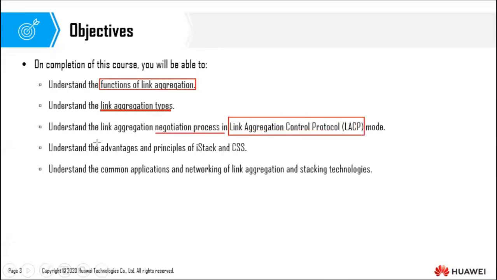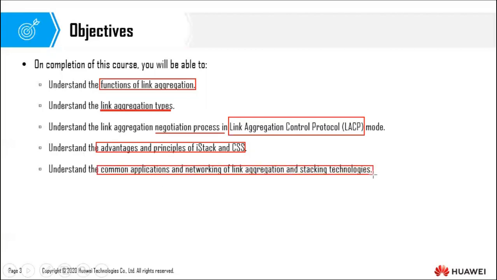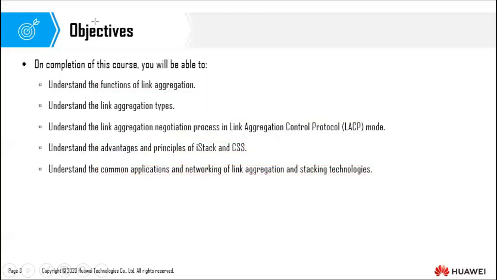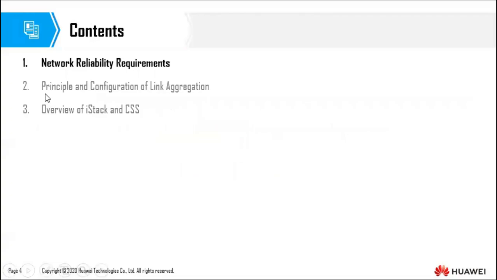The second last is that you'll be able to understand the advantages and principles of iStack and CSS. The last point is that we'll be able to understand the common applications and networks of link aggregation and stacking technologies. Wonderful. Okay. So let's do this.